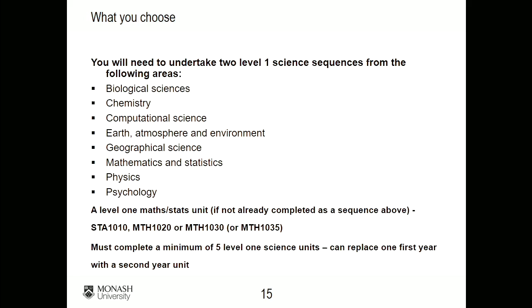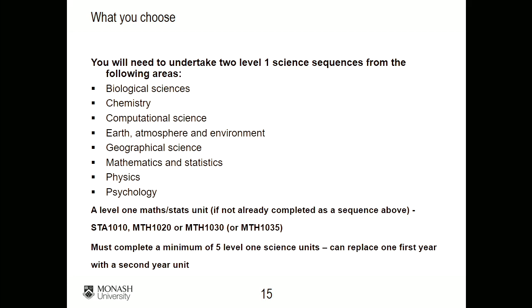When I've been talking about selecting 2 level 1 science sequences, they need to come from different areas. So you need to select 1 first year sequence from one of these schools, and a second first year sequence from a different area.